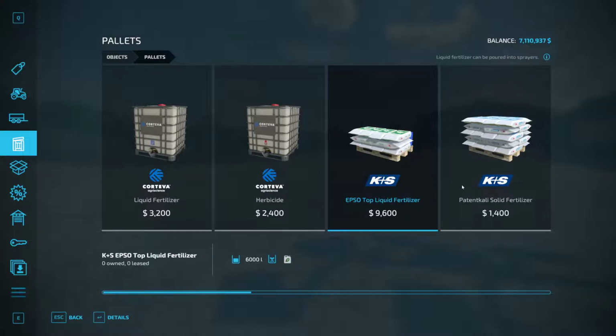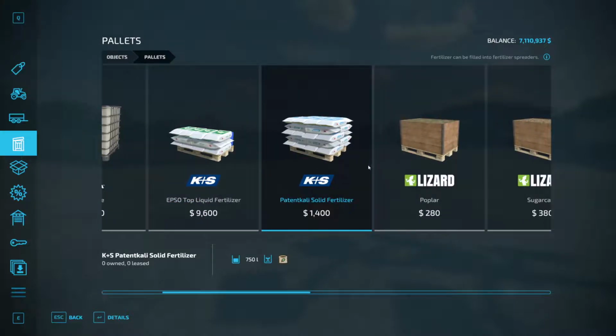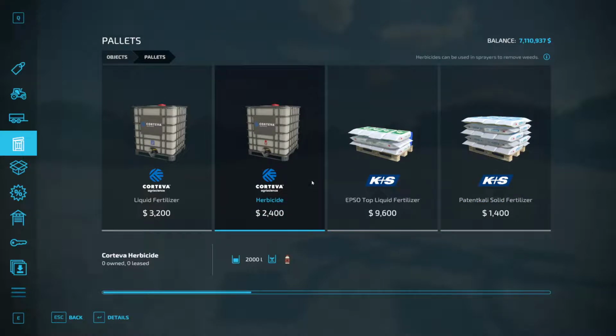I was desperately trying to find something where it would give me a nice number that was divisible. And then I happened to stumble upon herbicide. Herbicide to the rescue. 2,000 liters for $2,400.